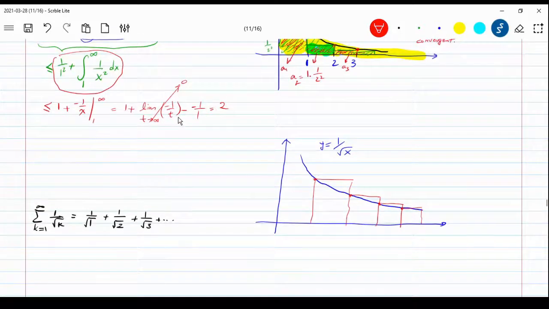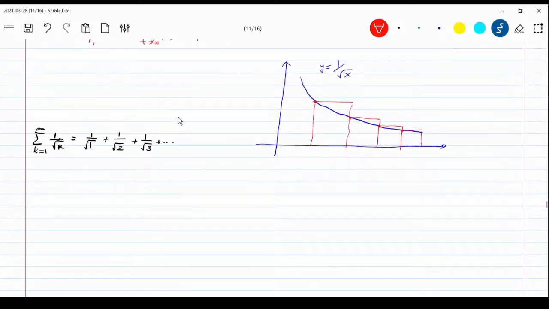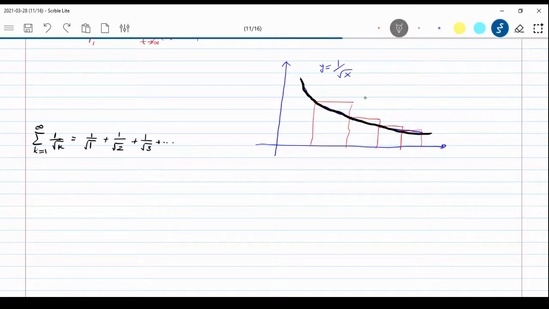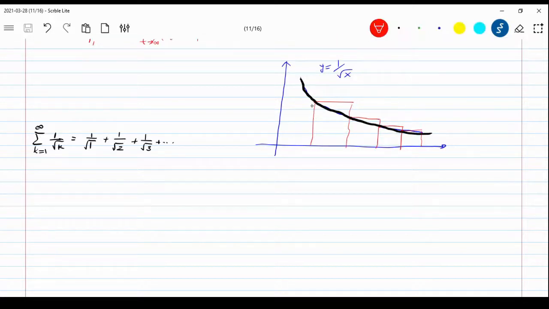Okay, let's look at another example just to see. If you look at the summation of 1 over square root of k, k from 1 to infinity, and compare it to the integral, what we see is this curve basically is the curve of 1 over square root of x, and at each point, let's say this is 1, 2, 3, 4, and so on.